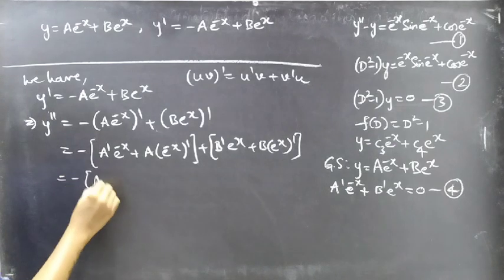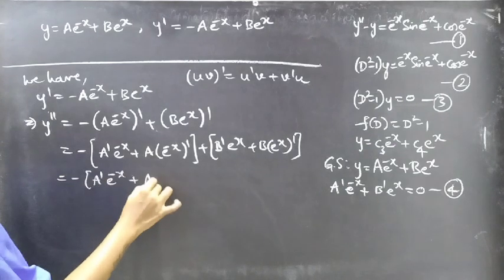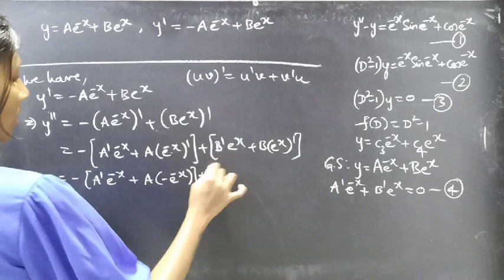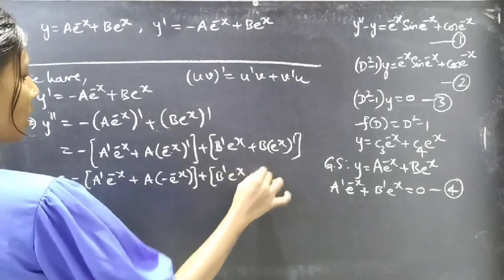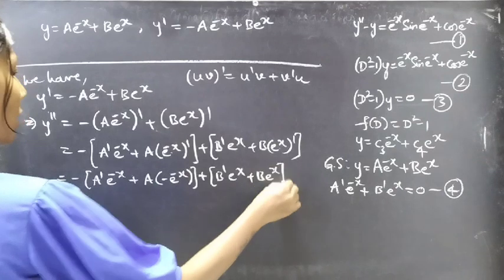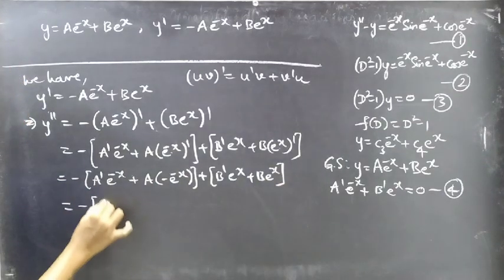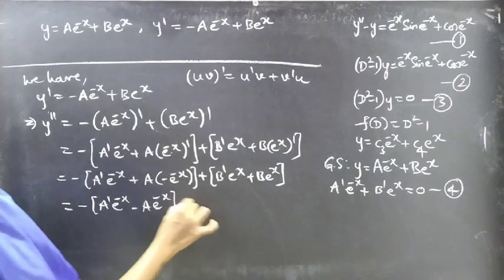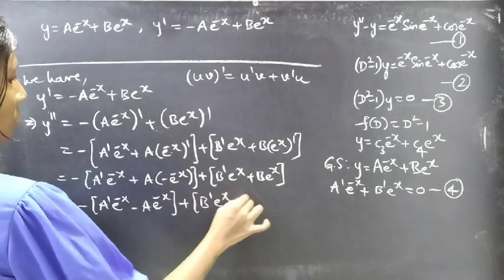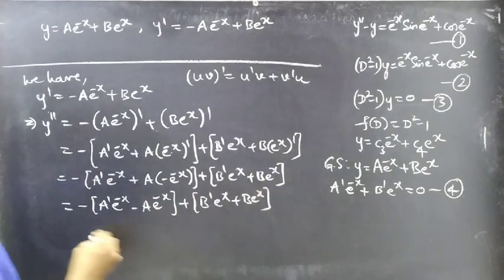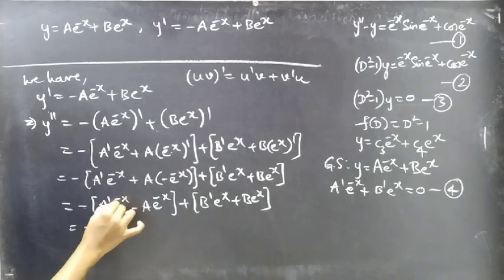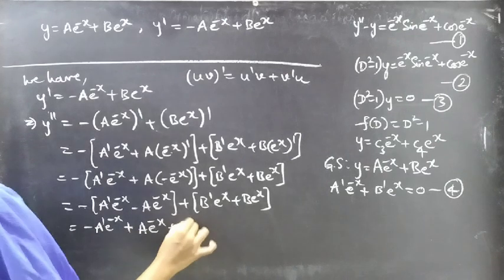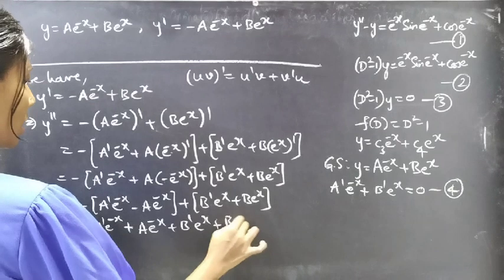This gives us minus of a' e^(-x) plus a into the derivative of e^(-x) with respect to x, which is minus e^(-x), plus b' e^x plus b into the derivative of e^x with respect to x, which is e^x. This gives us minus a' e^(-x) plus a e^(-x) plus b' e^x plus b e^x.